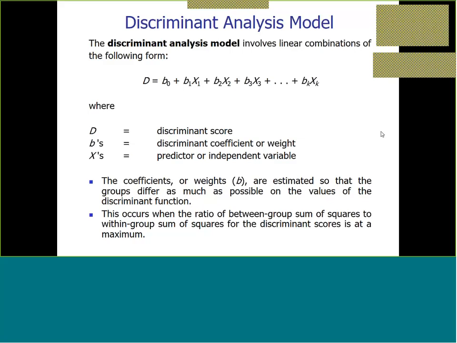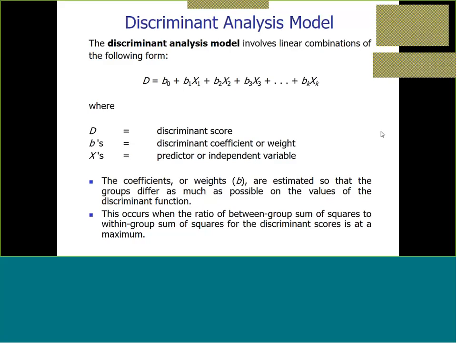It can be taken in the form D equal to B0 plus B1 X1 plus B2 X2 and so on up to Bk Xk, where D is the discriminant score, B's are discriminant coefficients or weights to be calculated, and X's are predictor or independent variables. So this is the discriminant analysis model. We have to estimate the B's. That's the idea.